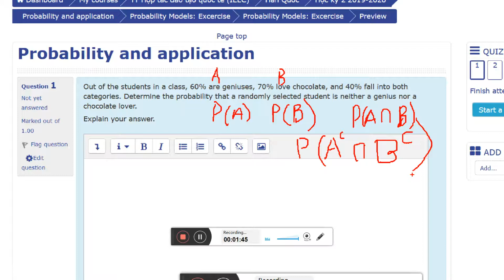So the suggestion here is to consider the De Morgan rule: you complement and take 1 minus it.